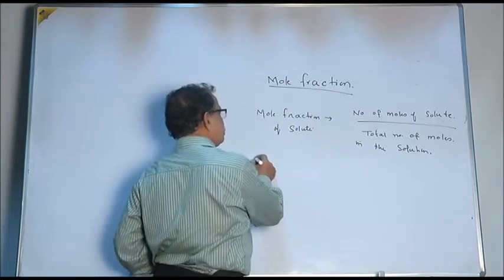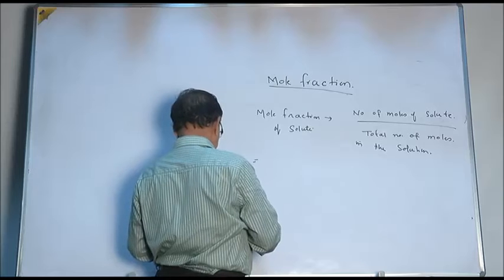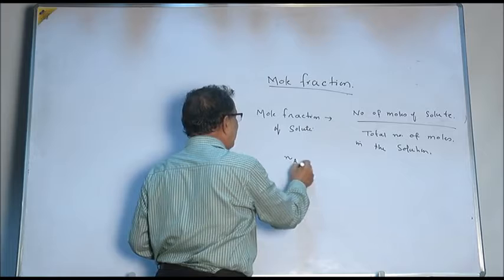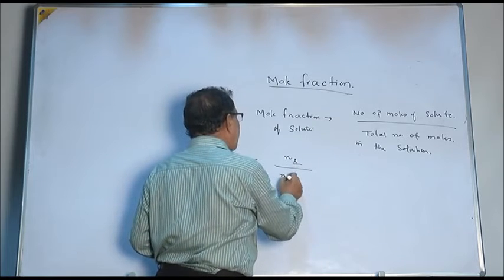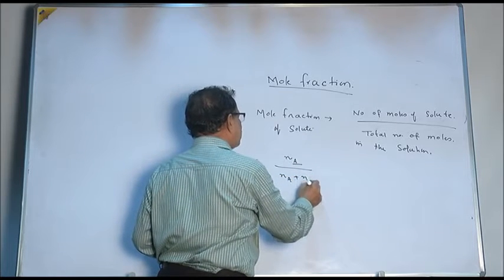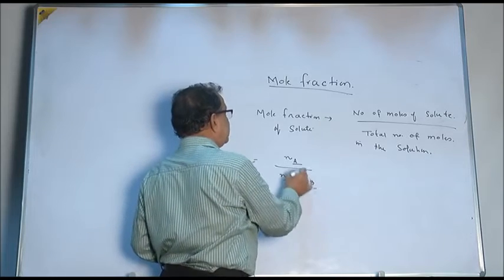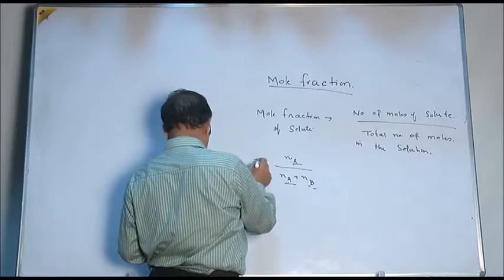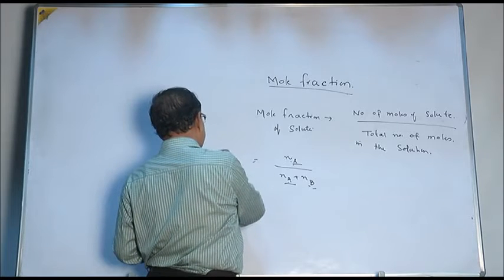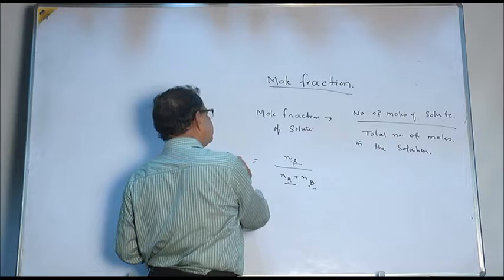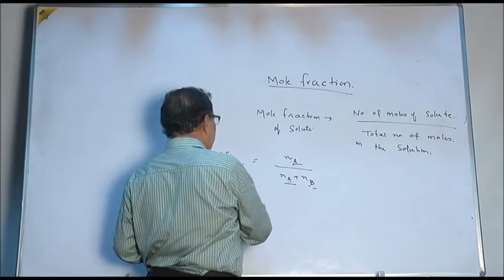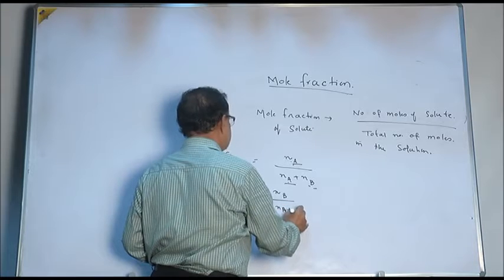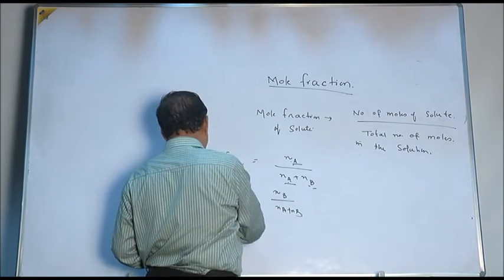In a simple way, A is one component, B is another component: Na by Na plus Nb. Two components are there, A and B. This is the mole fraction of A, MF of A. Mole fraction of B will be Nb by Na plus Nb.